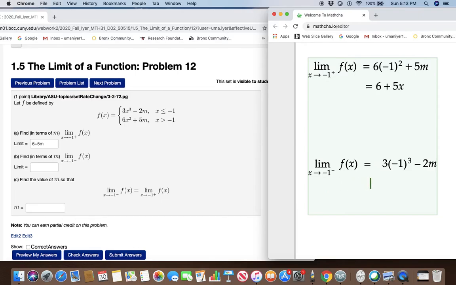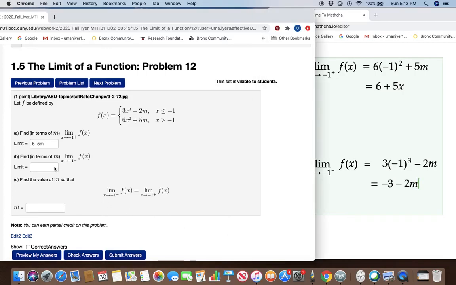Notice -1 to the power 3, the negative survives. So -1 times 3 is -3, and minus 2m. So here you have -3 minus 2m.